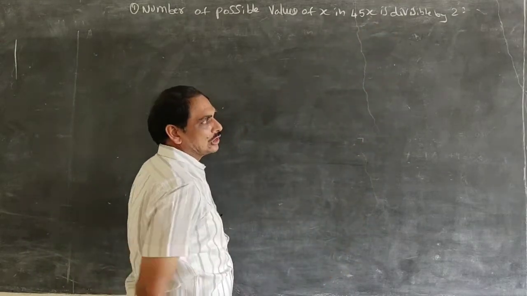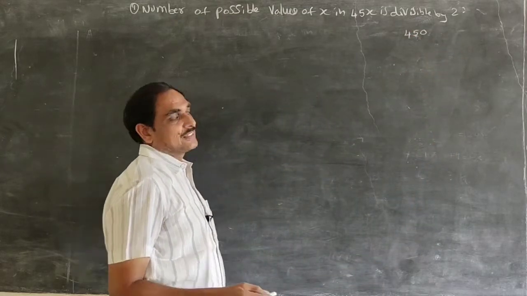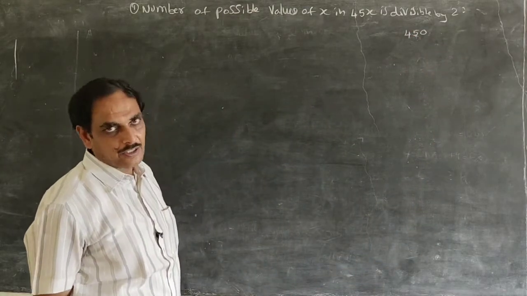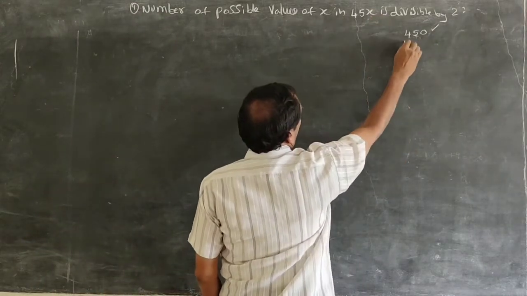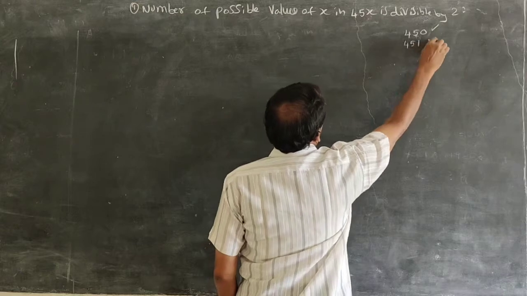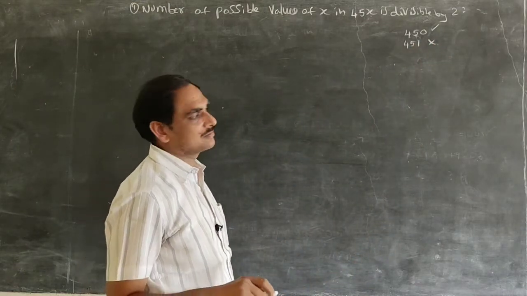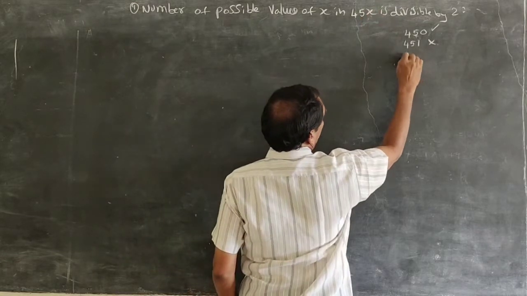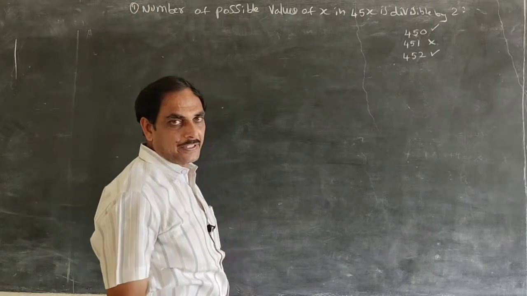First we substitute x equal to 0, then we get 450. This is the first number. 450 is an even number, so it is divisible by 2. Next, if we substitute x equal to 1, it is not divisible by 2 since it is an odd number. Next, if we substitute x equal to 2, we get an even number, so it is divisible by 2.